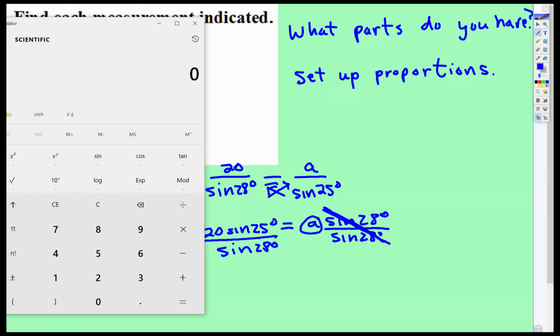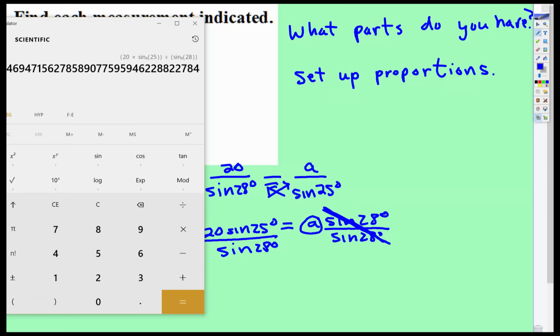So I'm going to clear that out, and I'm going to use parentheses: 20 times sine 25, right parenthesis, divide, parentheses again, sine 28, right parenthesis.